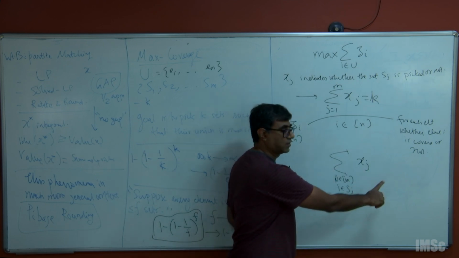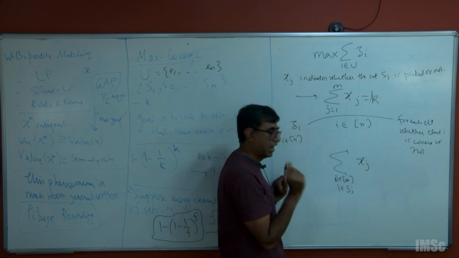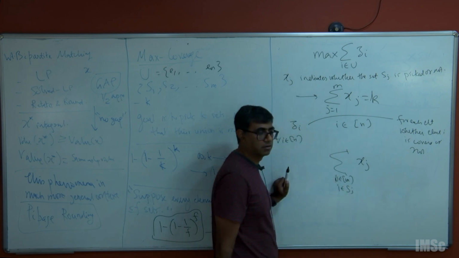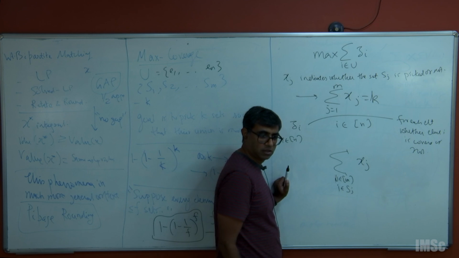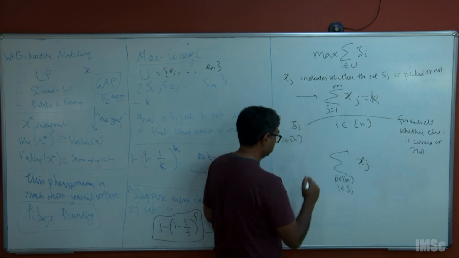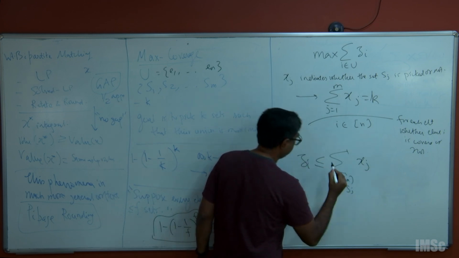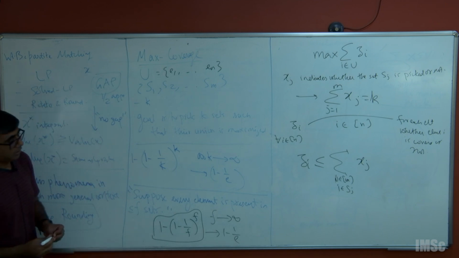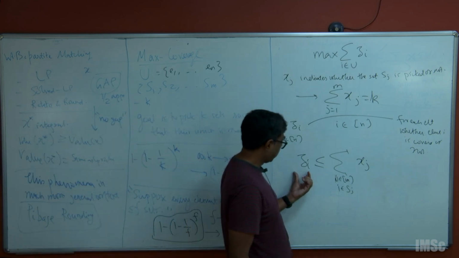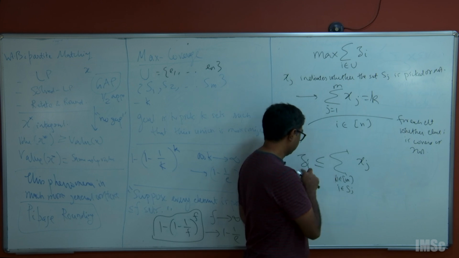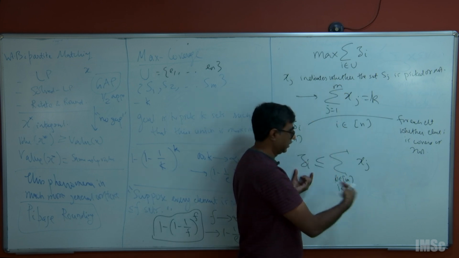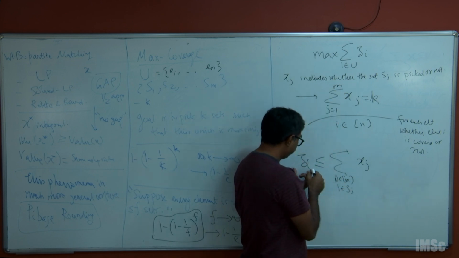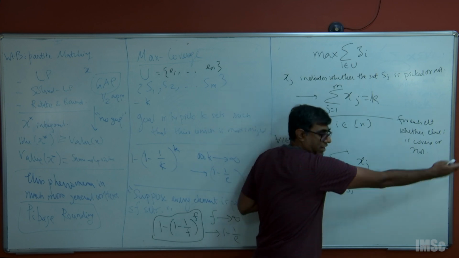Definitely one of the sets that contains element i has been picked. So zi should be less than or equal to this. Why? Because if an element is covered, zi can take 0 or 1. But if it is not covered, then the sum is 0.